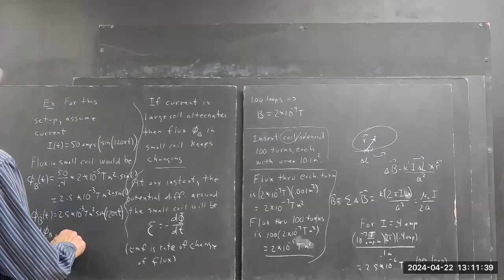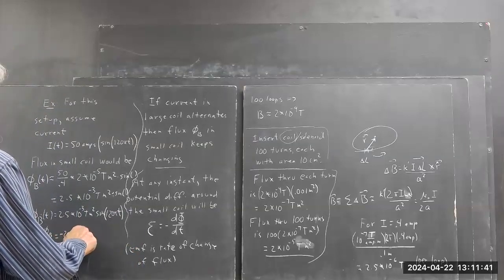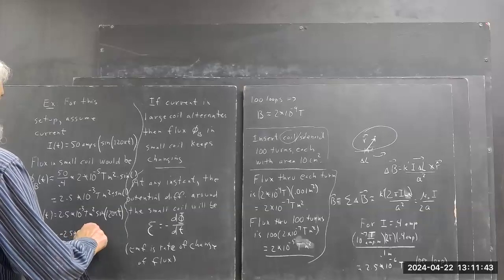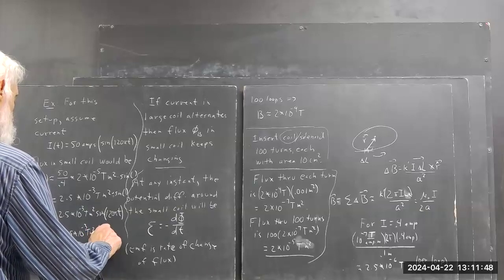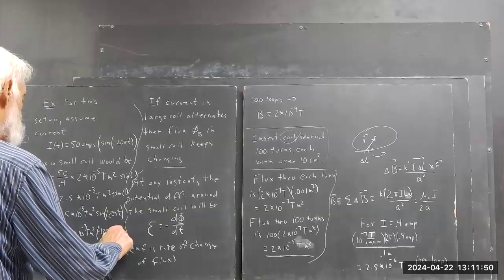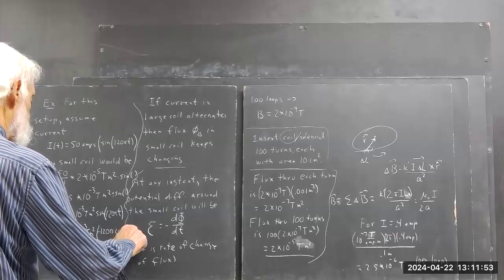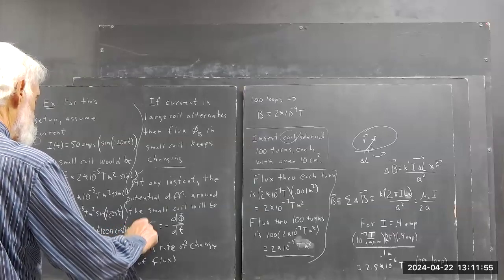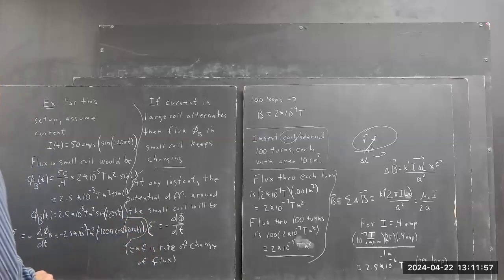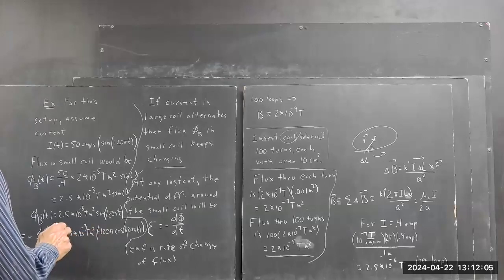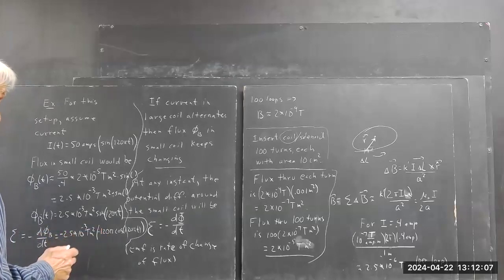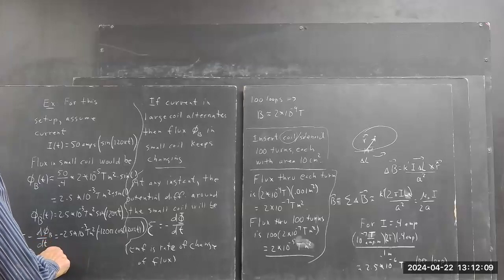We're going to have negative 2.5 times 10 to the negative third Tesla meter squared times negative 120 pi cosine of 120 pi t. Maybe a little hard to read there, but I'll write out the final result. Well, I got a negative here and a negative here. 2.5 times 120 is 300.